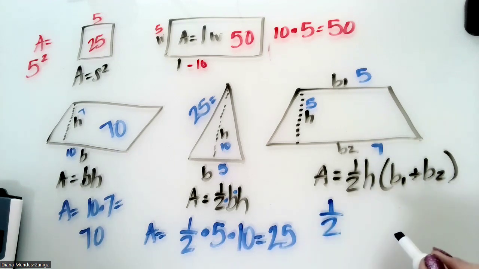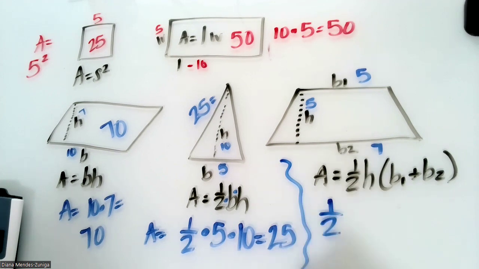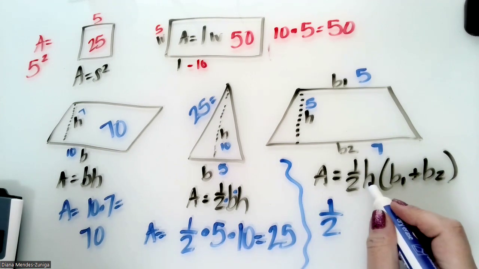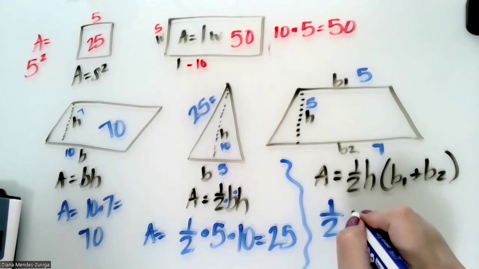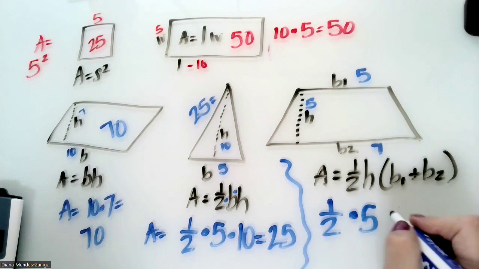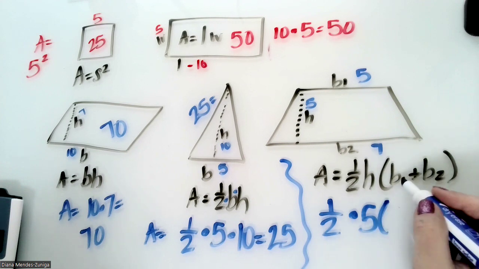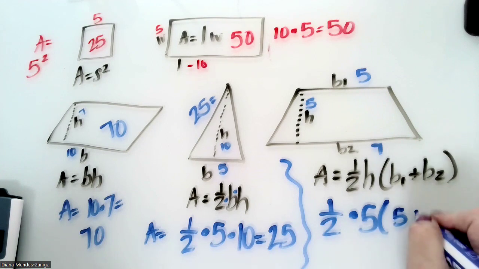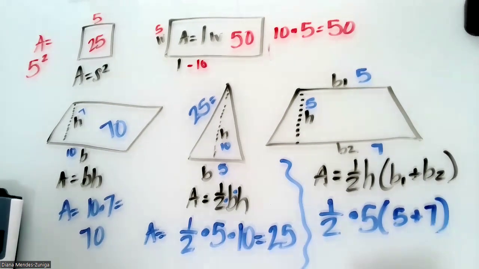We have 1/2, which doesn't change, and then we have our H. Our H is 5, and we're going to multiply this by base 1, which is 5, plus base 2, which is 7.